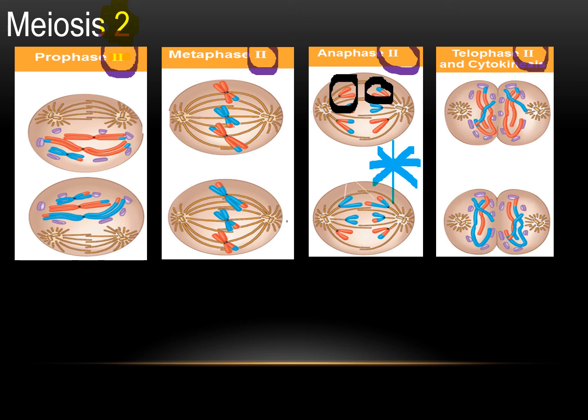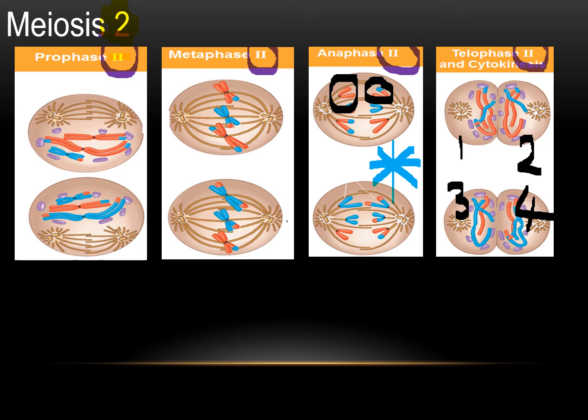And at the end of meiosis II, in other words, after telophase 2 and cytokinesis has taken place, we have produced 4 genetically different cells. And in the case of humans, we can say that we have produced 4 genetically different gametes.